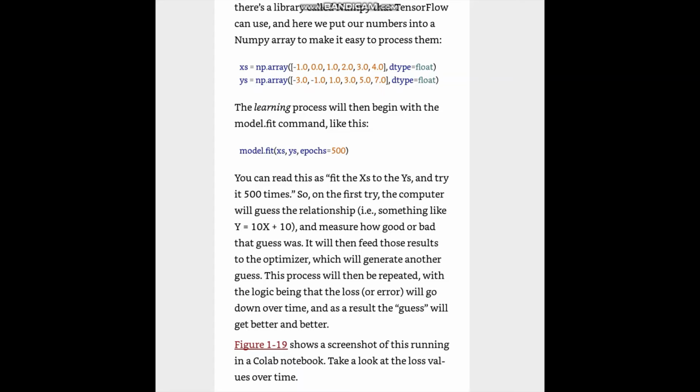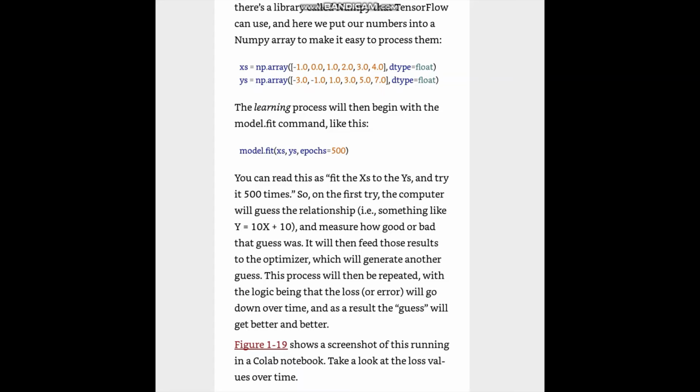So we have the NumPy arrays for inputs and outputs, and we have the number of epochs, that is 500. You can read this as fit the x's to y's and try it 500 times. So that means that you will try to fit x values to y values 500 times.